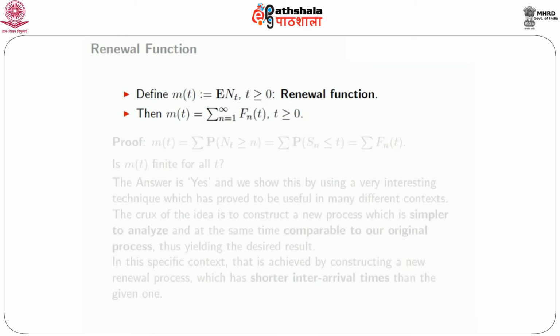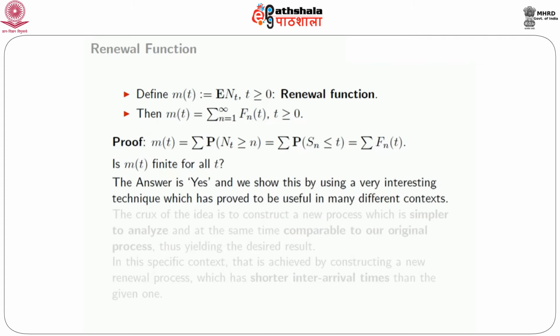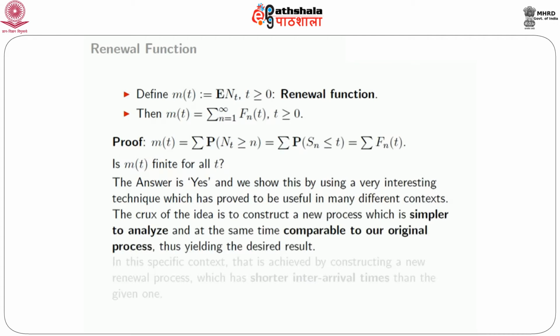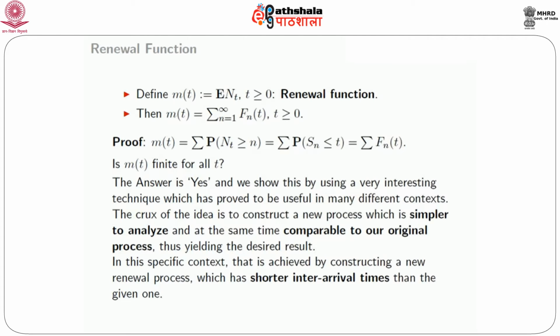Why is that so? That is so because this is a nice formula for the expectation of a non-negative integer valued random variable. The expected value of a non-negative integer valued random variable is the sum of the tail probabilities. So that's what we are using here.